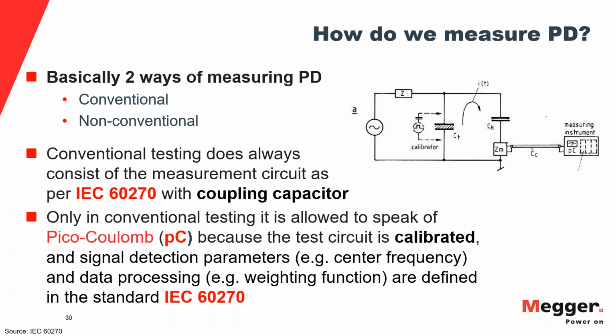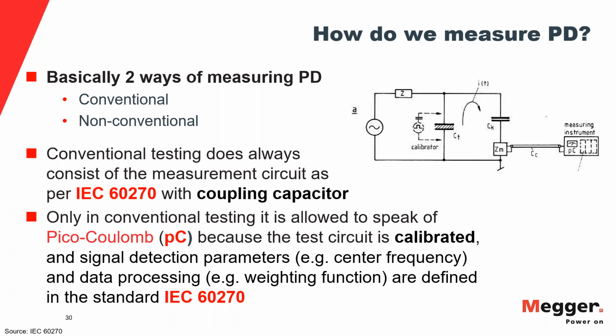The standard gives a definition of what is 1 picocoulomb, and you can only call your measurement results picocoulomb when you follow this circuit and nothing else. So anybody out there who is not measuring in accordance with 60270 does not really measure the same picocoulomb. Okay, it's like a guy showing you a banana and trying to convince you it's an apple, and no, this is a banana. What are you talking about? So you have to compare apples to apples, and this is done by the standard.